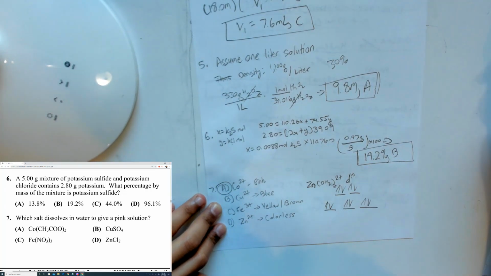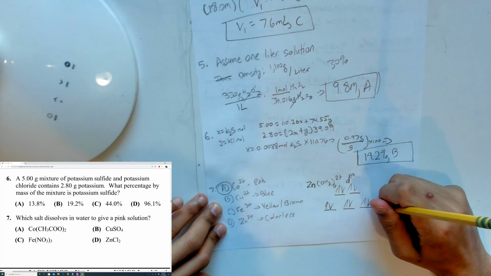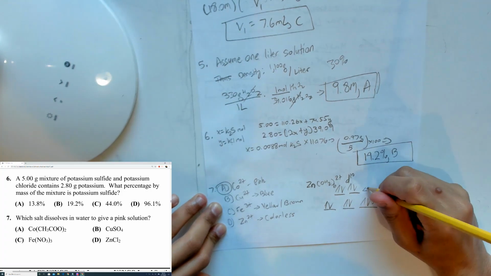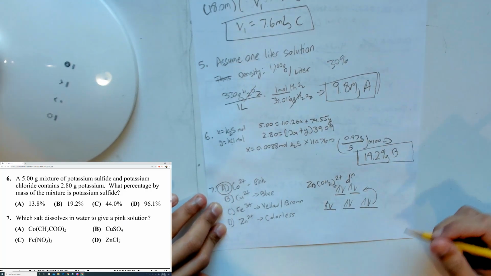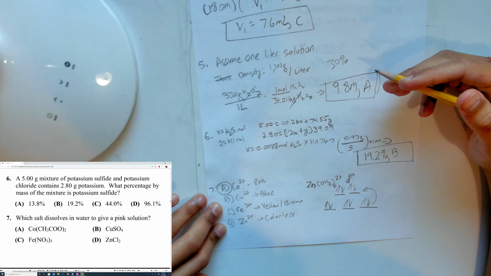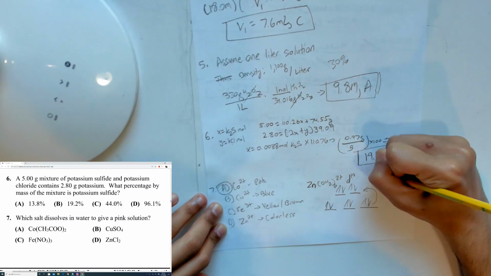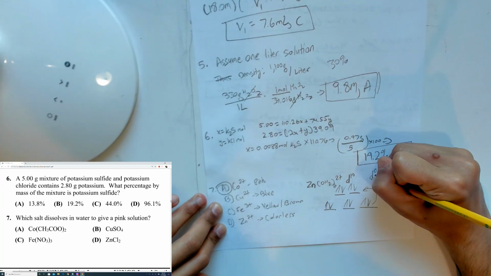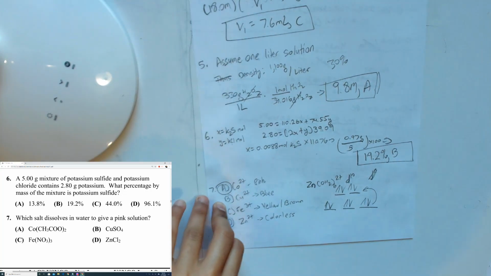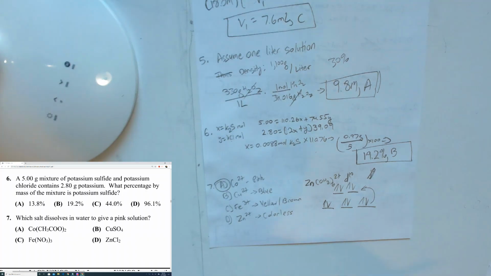Now, color usually arises by the excitation and then the relaxation of electrons. But the problem is there's no space for the electrons to move to a higher energy level. Thus no color could be achieved. Same thing goes for d0 metals. Alright, let's move on to the next question.